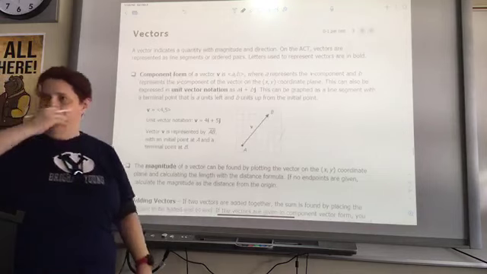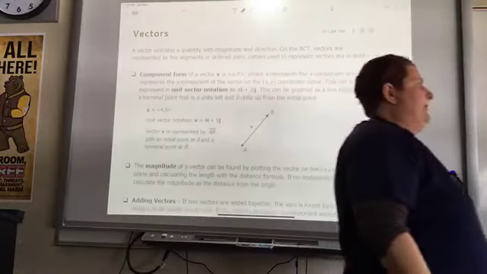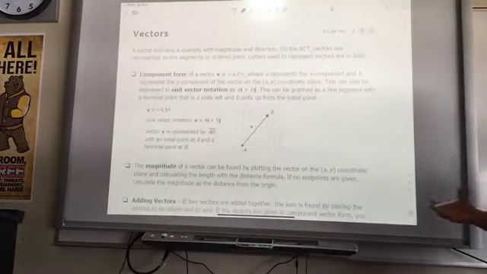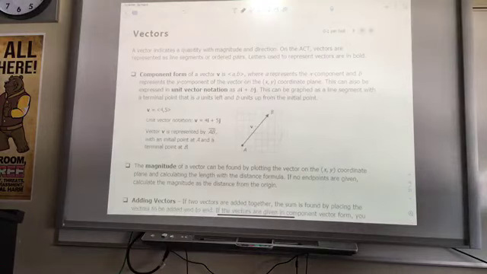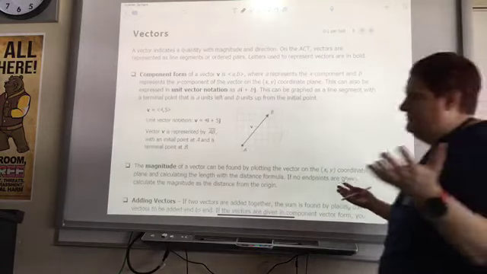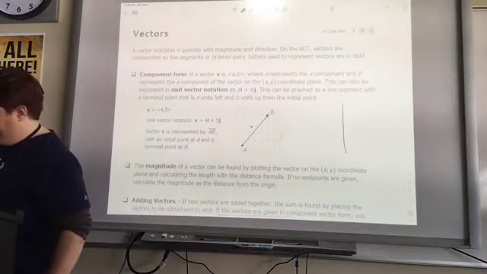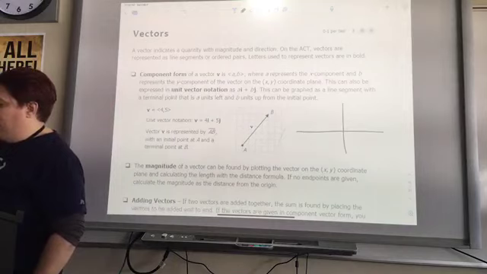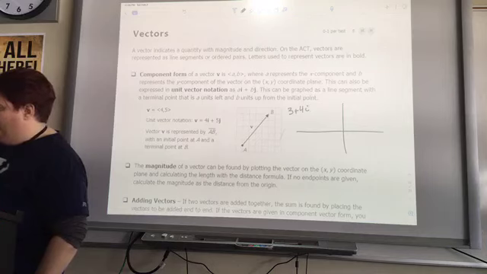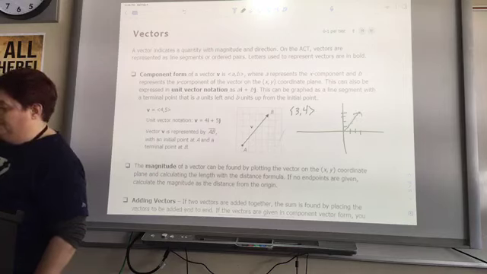Let's talk about vectors. You guys were annoyed that we could put complex numbers on a graph with the real axis and the imaginary axis. Same thing with vectors. When we put it on a graph, the vector 3 comma 4 goes over 3, up 4.